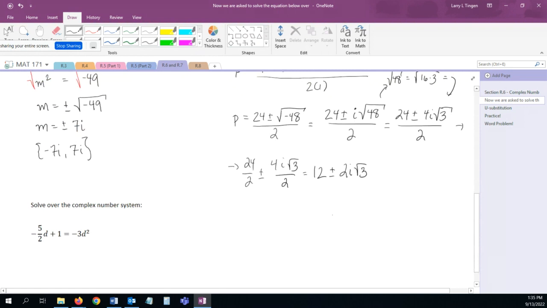And now I can write my two solutions because this is a plus and minus. The solutions here are 12 plus 2i times the square root of 3, and 12 minus 2i times the square root of 3. All right.